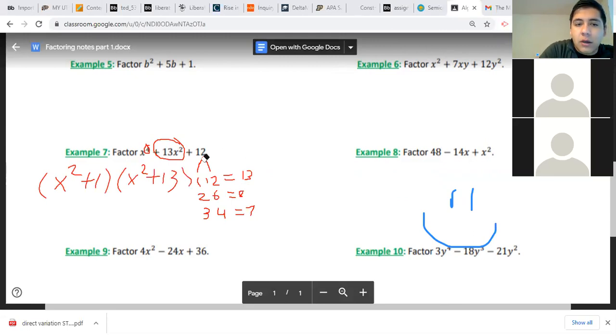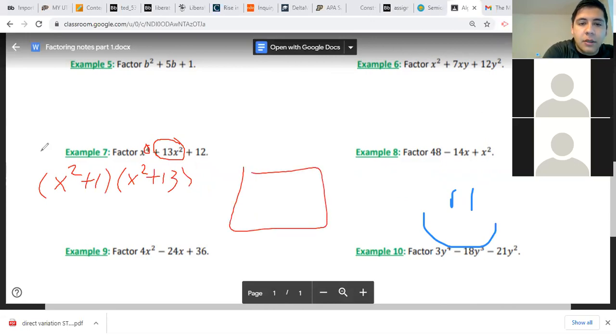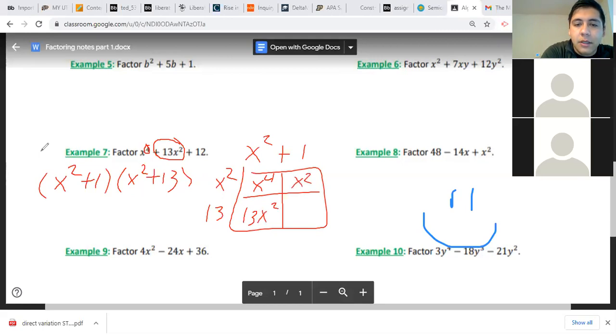And of course, we can always check just to make sure. So x squared times x squared gives us x to the power of 4. And we got 13 times x squared times 1, and 13 times 1, which is 13.